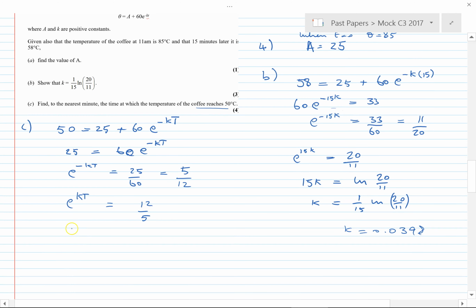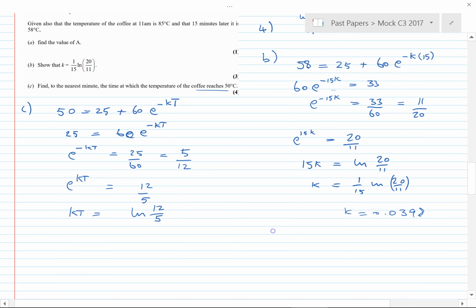So I've now got kT is equal to ln 12 over 5. So kT is equal to ln 12 over 5.